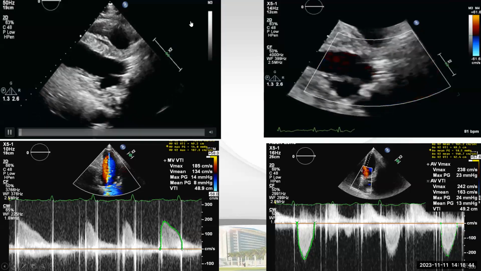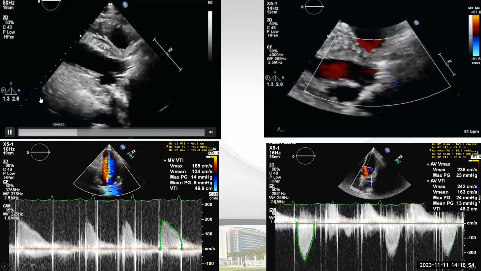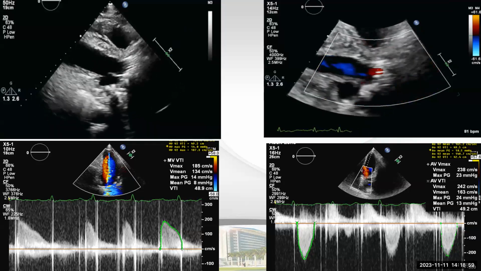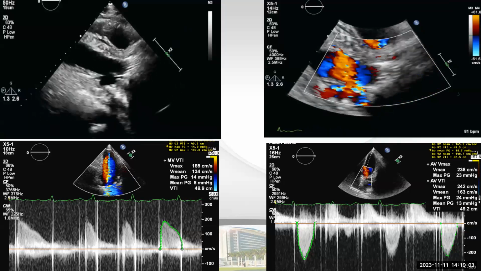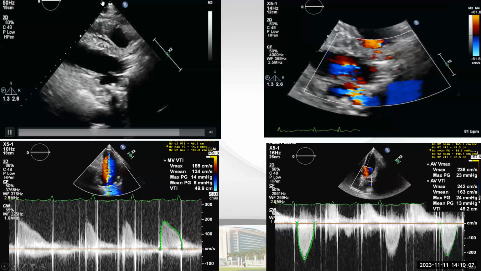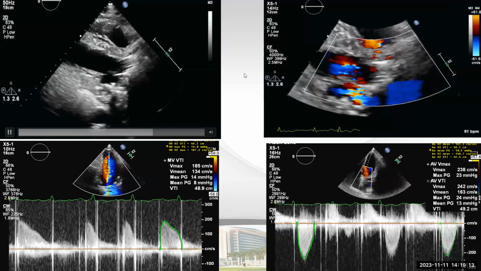Okay, let's see the answers. TAVI, LVH, bulging septum. Any other answer? Calcified aortic valve, LVH.